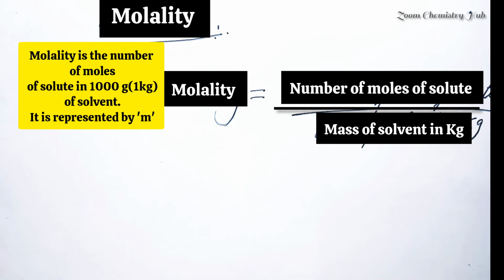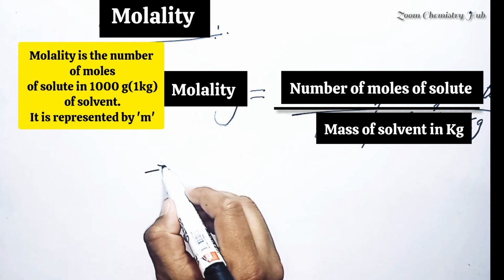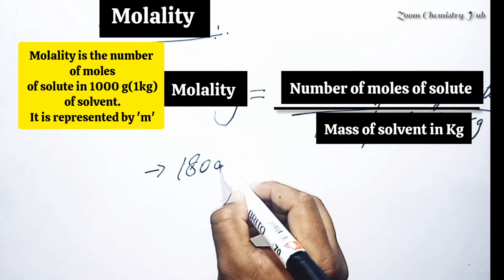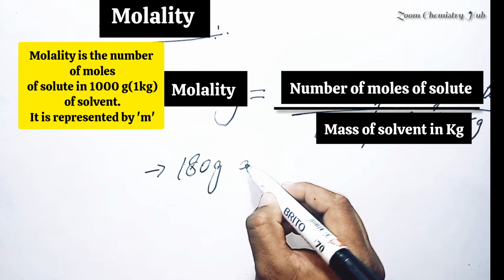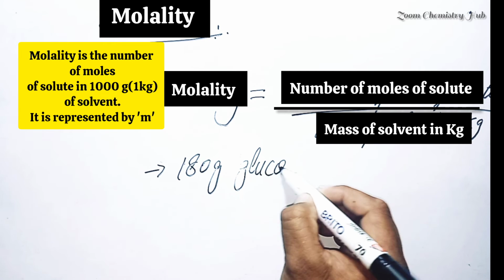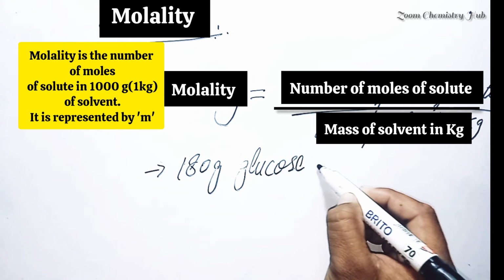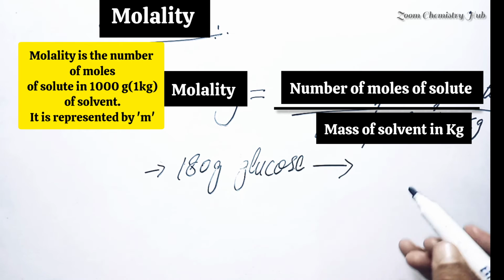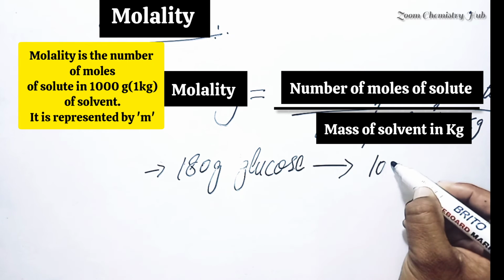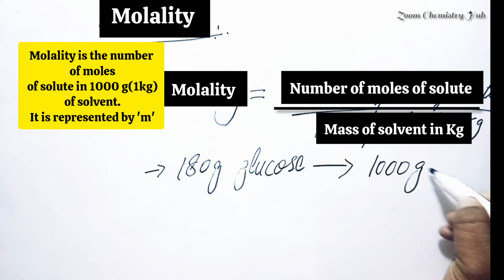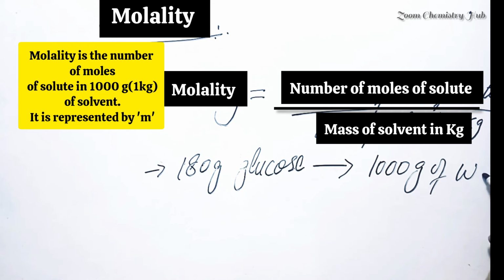And if we have to prepare the molal solution of glucose, we take 180 gram of glucose and we dissolve it in 1000 gram of water.